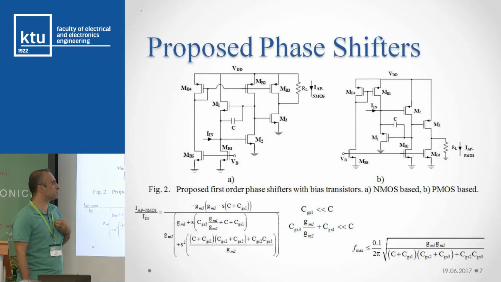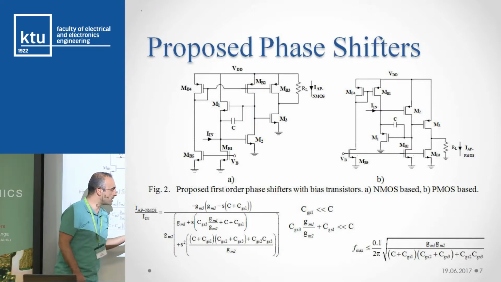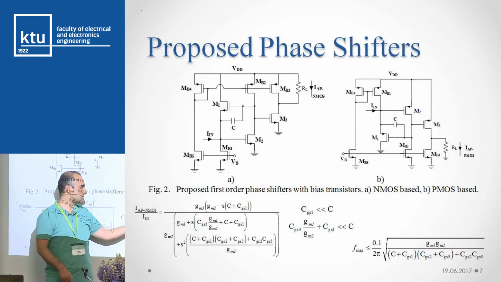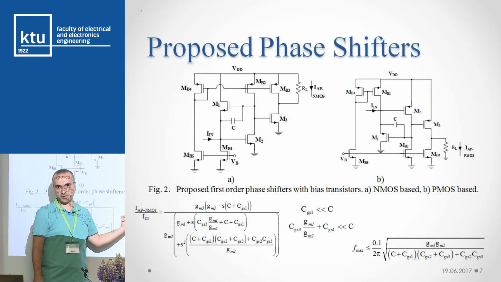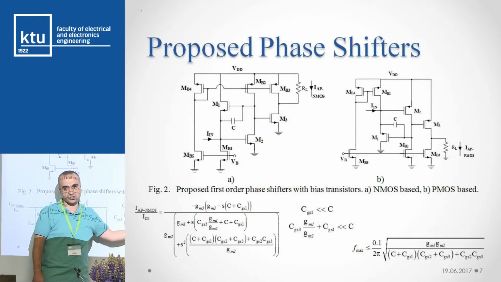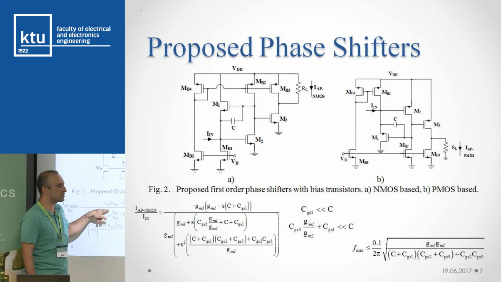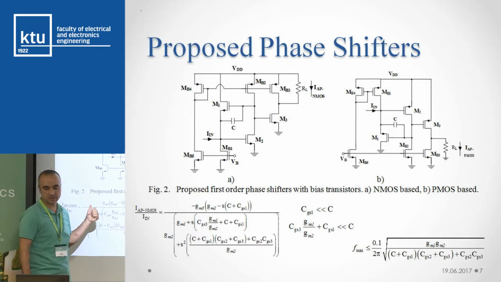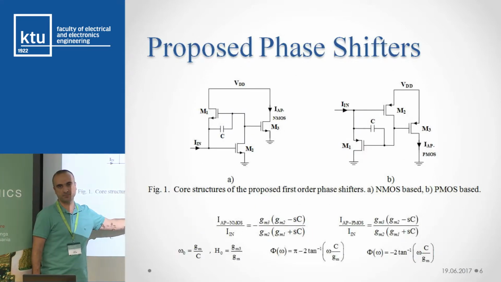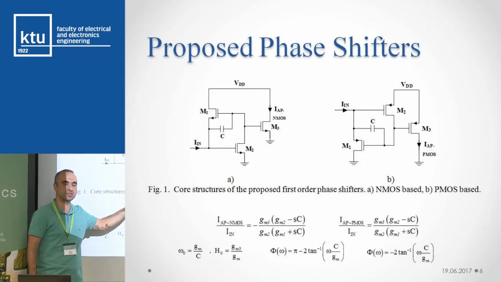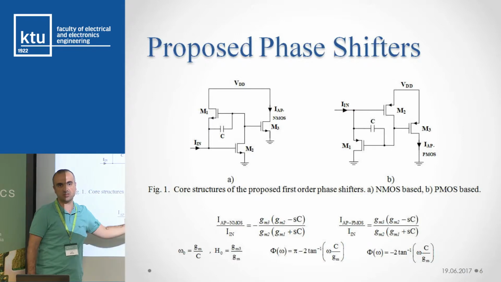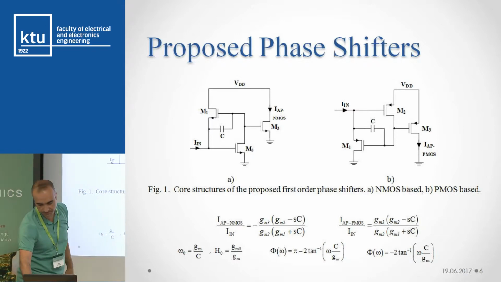But if I assume that the physical capacitance that I connected is much greater than the gate to source capacitance, and also if I can assume this equation, this reduces to the easiest transfer function like this. After these assumptions, the transfer function looks like this. So it's a first order all-pass filter.